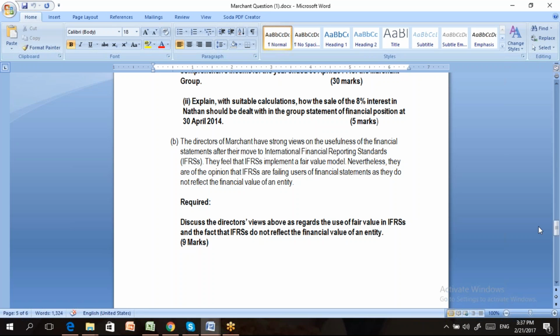So the directors' view about use of fair values and the fact that they do not reflect the financial value of an entity, we have to discuss with many standards and say some standards are moving towards the fair value, but it has some practical limitations, and surely that's the right way to go forward. So there will be more developments happening, because we believe it will show a better picture of the company's financial position and company's performance.